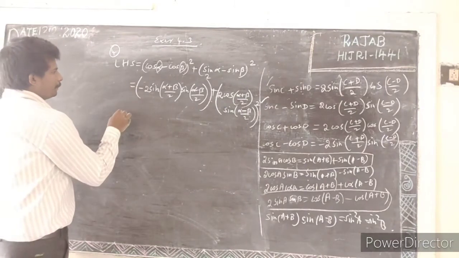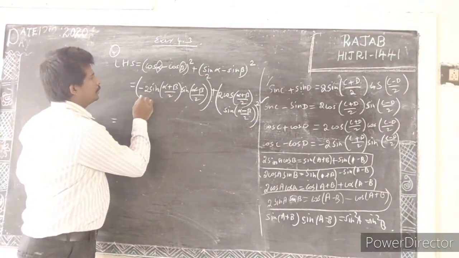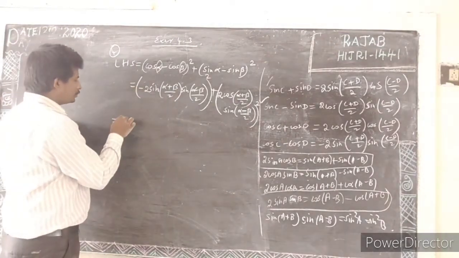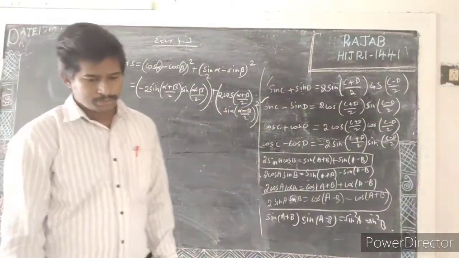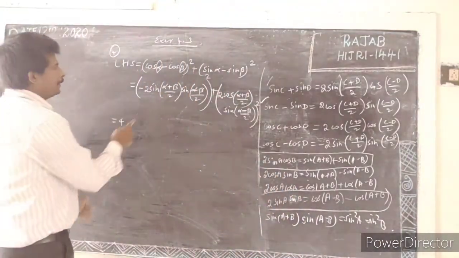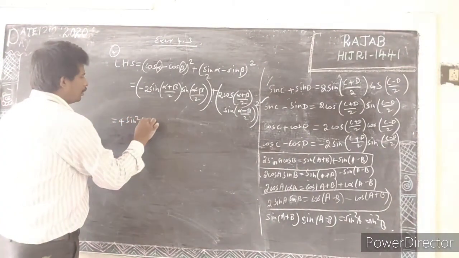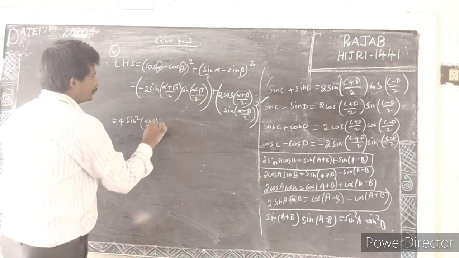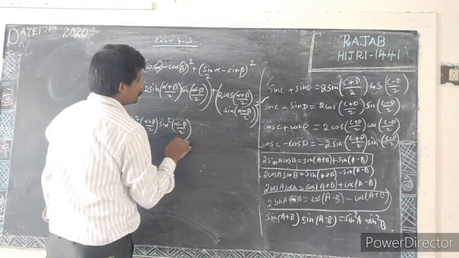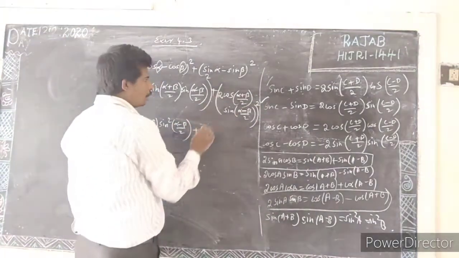Next, I am going to square all the terms. Here we are having minus, so it will become 4 sin square (alpha plus beta)/2 sin square (alpha minus beta)/2, plus here also I am going to do the same thing. I am going to square all the terms.